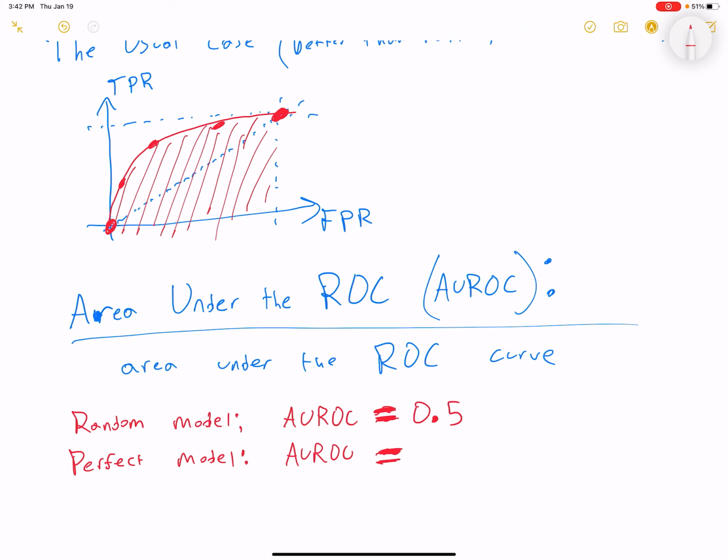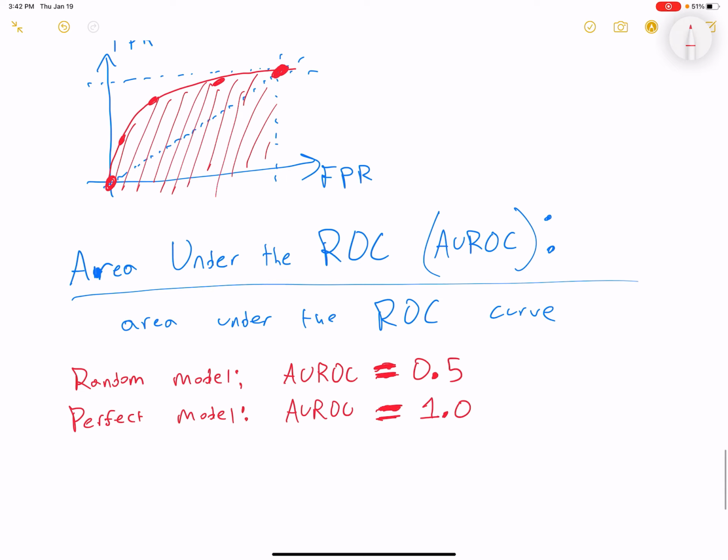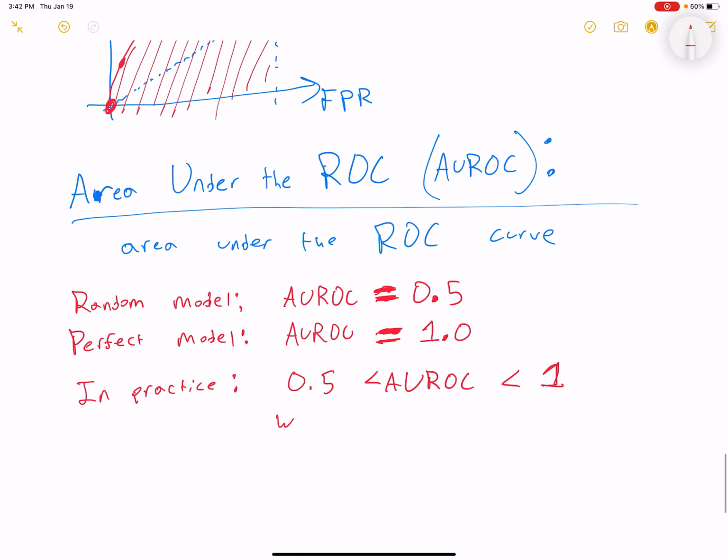So AUROC equals 1, and in practice, the AUROC is between 0.5 and 1, with higher AUROC meaning better performance.